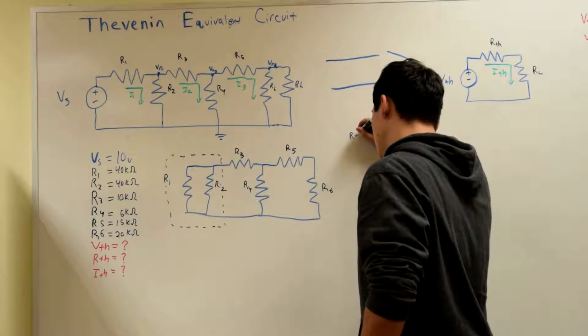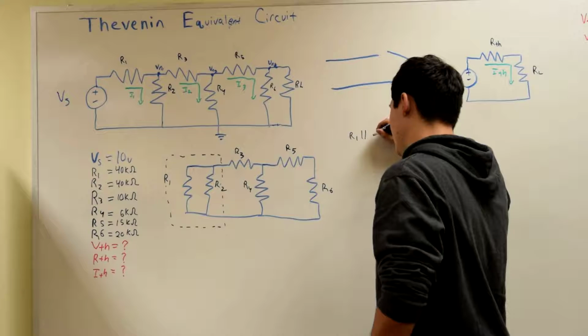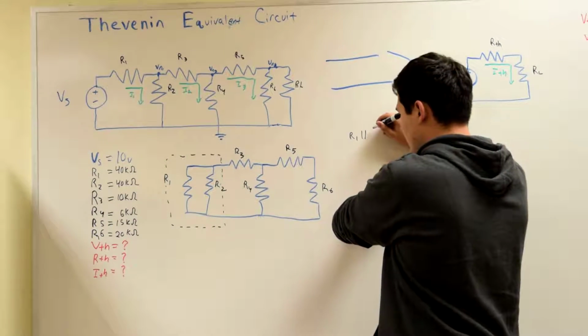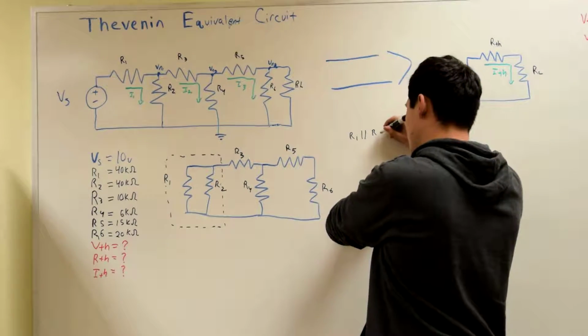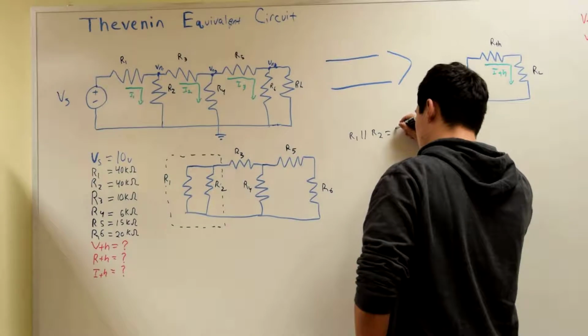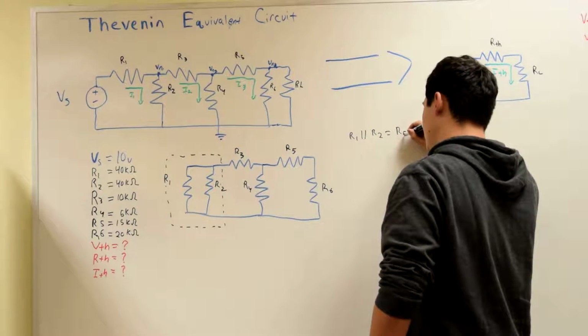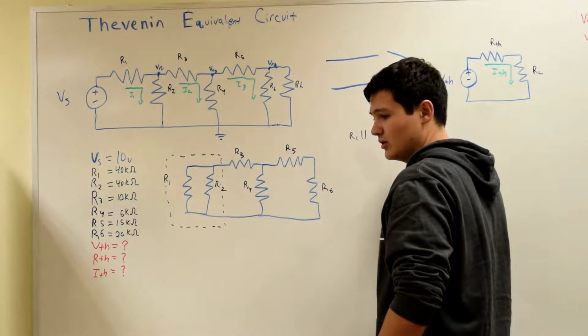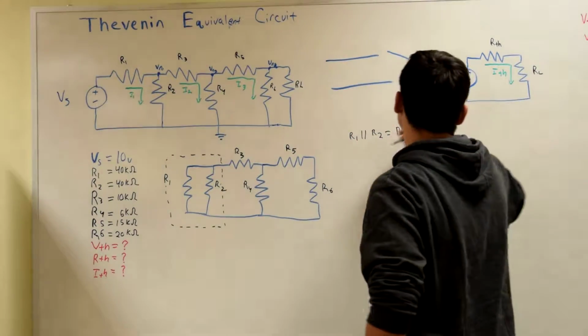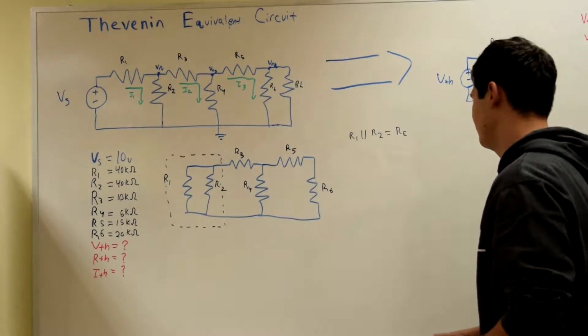So we have R1 in parallel, that's the symbol for parallel if you didn't know, in parallel with R2. Okay, and we're going to set that equal to RE, our R equivalent, our resistor equivalent. That's going to eventually turn into our R Thevenin.